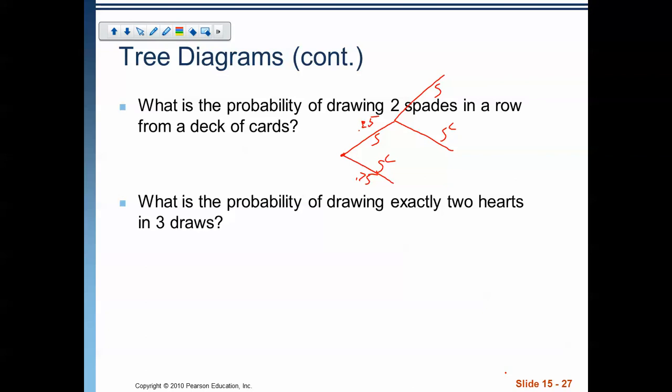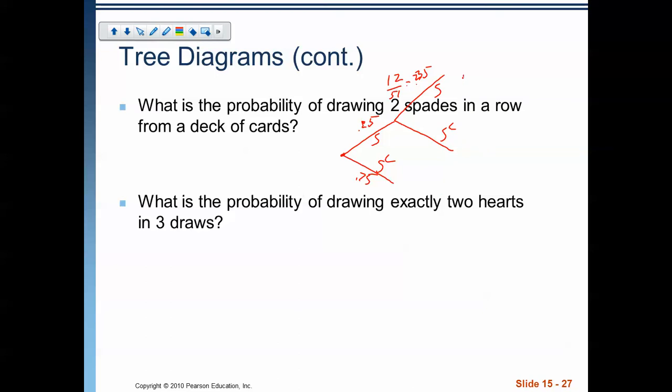How many cards are in the deck? 51. So this probability is now 12 over 51. And let's just get a decimal for that. The decimal is easier to work with. 0.235. Okay? So, given that I've drawn a spade, the probability I draw a second spade is 0.235.